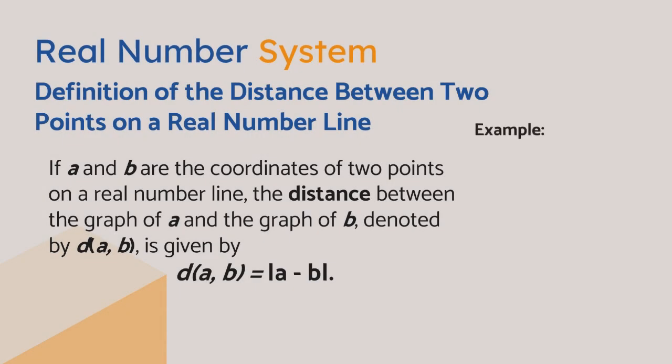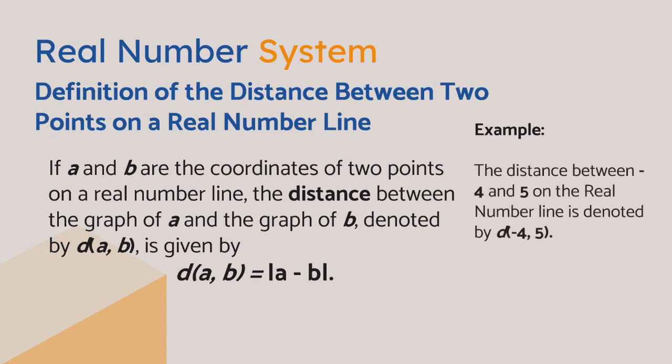Also, let's have an example here. Let's say the distance between negative 4 and 5 on the real number line is denoted by D, between negative 4 and positive 5. How do you compute that?